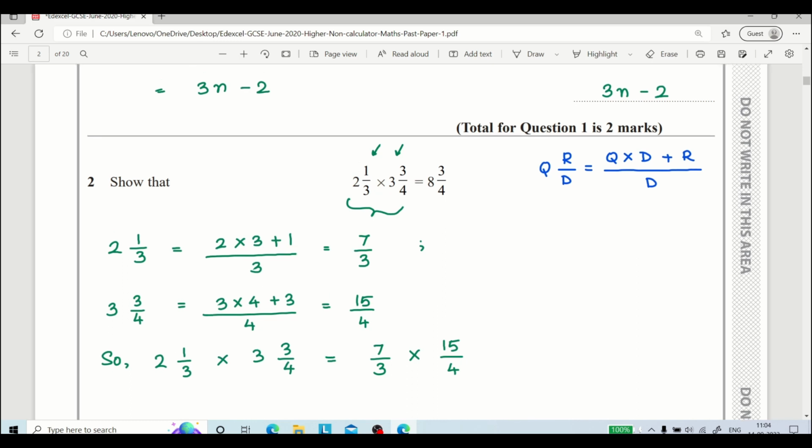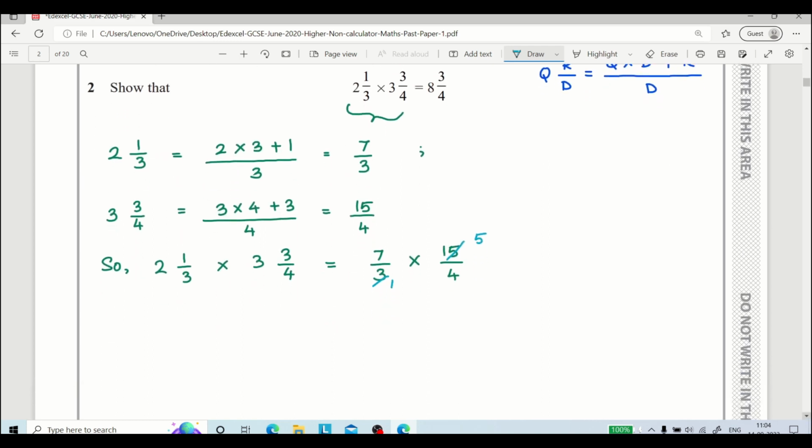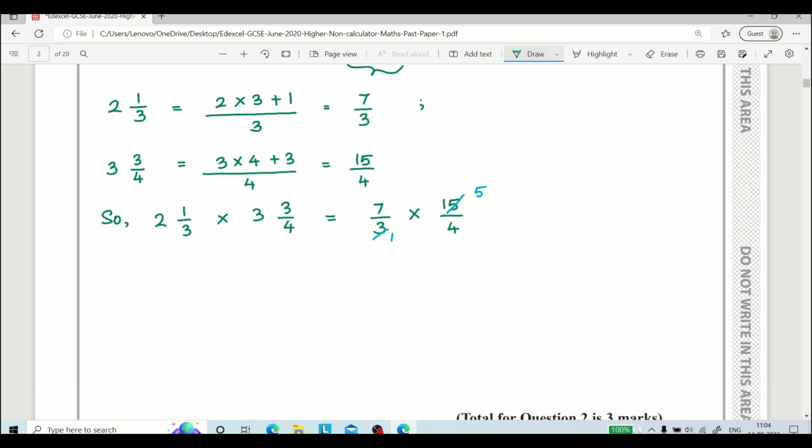So 3 times 1 and 3 times 5 is 15. So here we get 7 into 5 over 1 into 4. That is equal to 35 over 4.